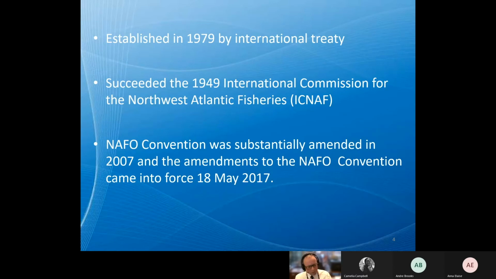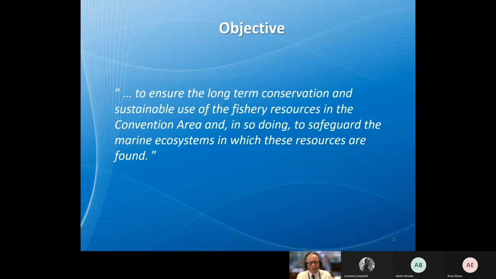This would be to provide more modern concepts such as the precautionary approach, ecosystem approach, etc. Objective: to ensure the long-term conservation and sustainable use of the fishery resources in the convention area, a traditional RFMO objective. And then what was added in the current convention: and in doing so, to safeguard the marine ecosystems in which these resources are found.